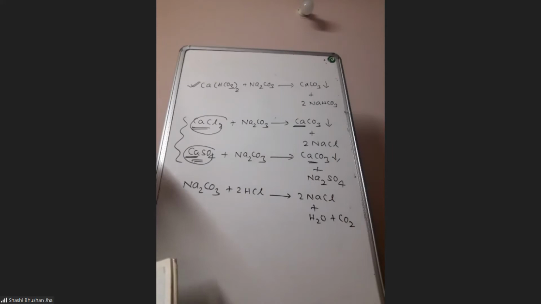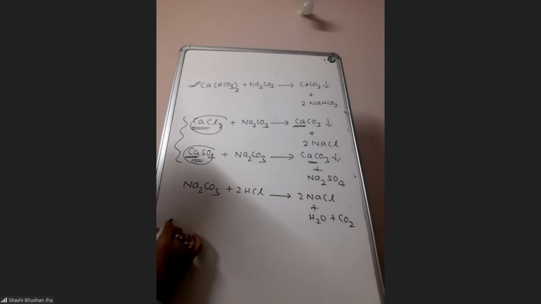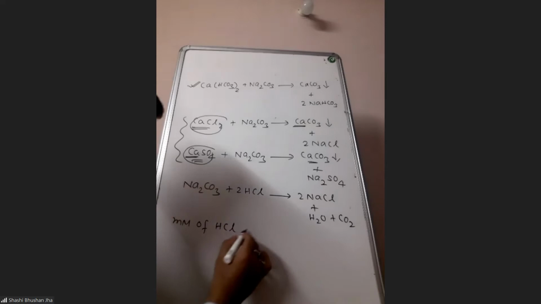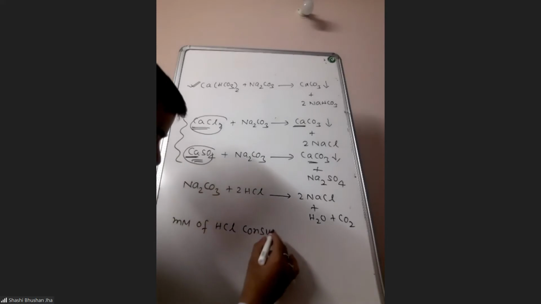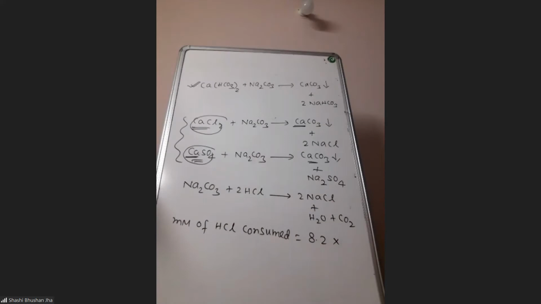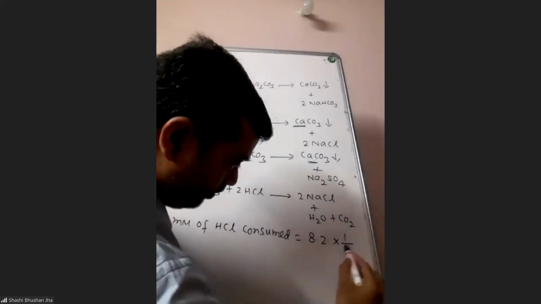Now HCl is 8.2 milliliter N/50. So millimoles of HCl consumed is volume in milliliter multiplied by its molarity. Molarity is 1 by 50. Its normality and molarity will be same.